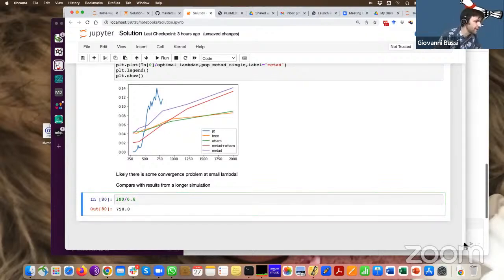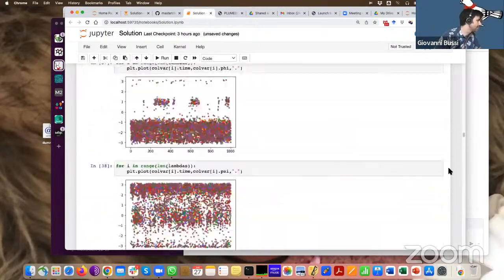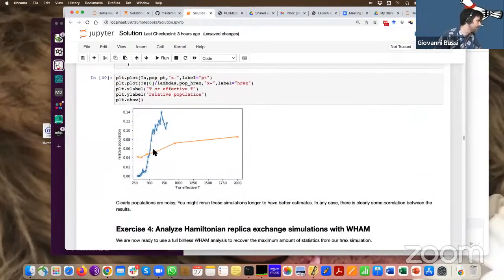It's 750. So let's try to go back. 750, it's here. So maybe the population could have increased by a factor of 1.5 or so. Yes, I think that's approximately true. Okay, good.